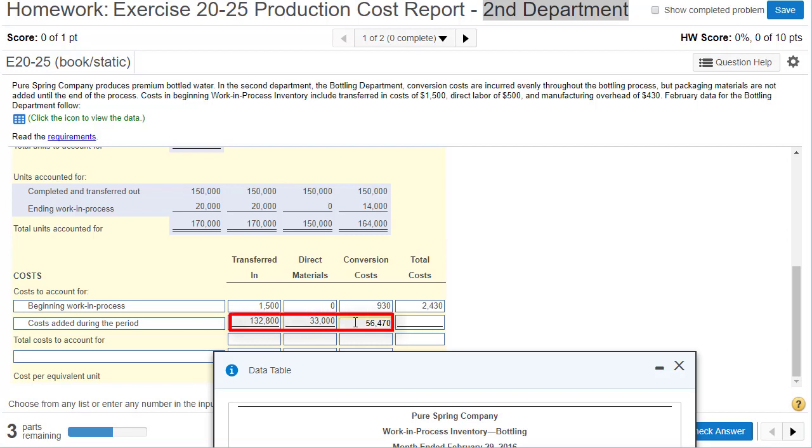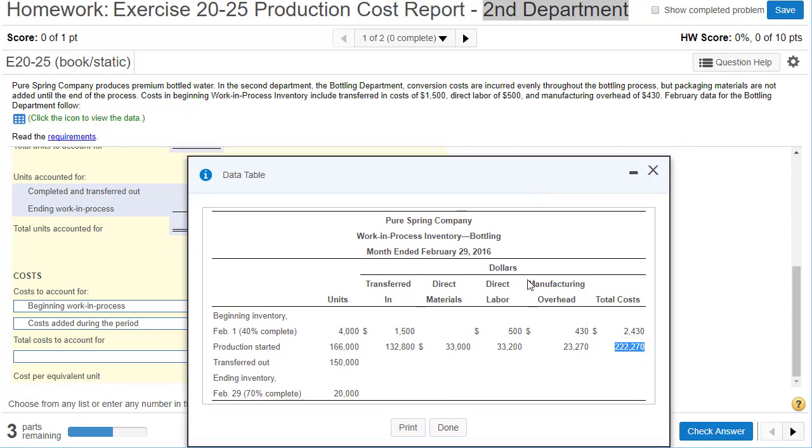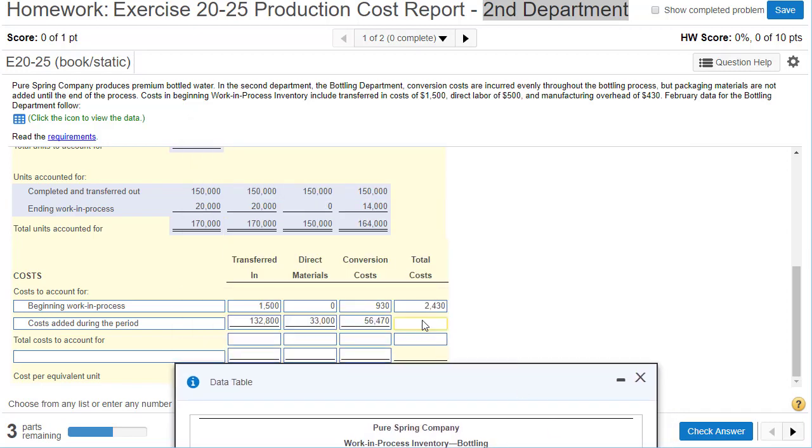And then for total costs, you can either add these three up or just copy and paste this number. And now we have total costs to account for. So we add these numbers up, and we get $134,300.